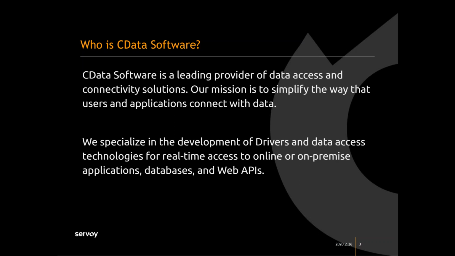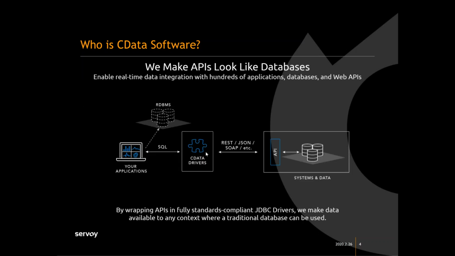So if you want to jump to the next slide, we can see what that looks like as a picture. So this is how this works. Your applications, that's going to be either what you're building in Servoy, or if you are doing some analytics or ETL or anything like that, they can often already connect to relational databases. They already speak SQL, so our drivers plug in, we'll translate the SQL query into the API request or the wire level protocol, depending on what data source is in the background, and get the data from the backend data source.